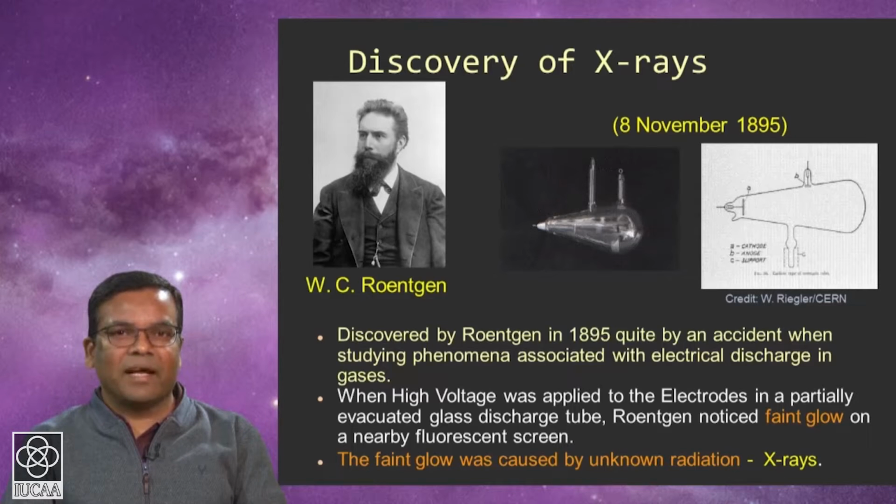When he applied high voltages, he observed this faint glow. He suspected it may be due to light generated in the tube, so he blocked the tube with thick black paper. Still he observed the faint glow, and he named this unknown radiation X-ray radiation.